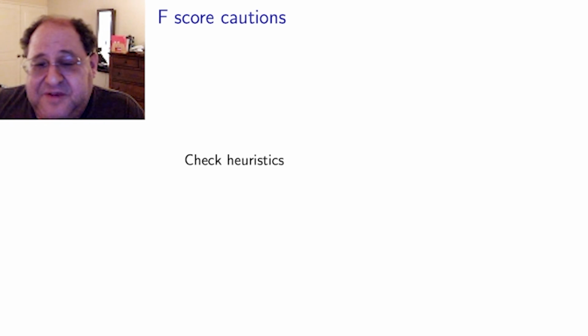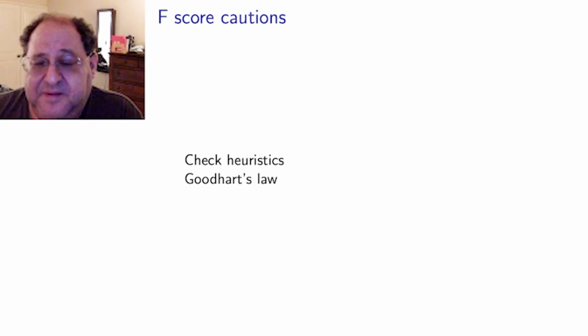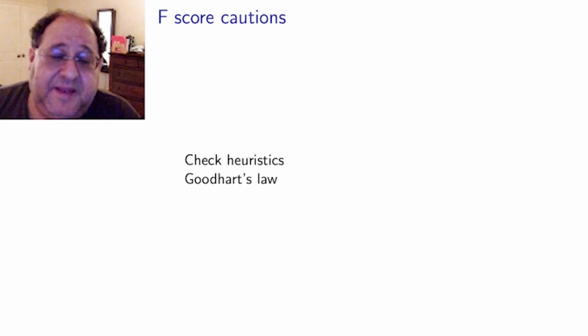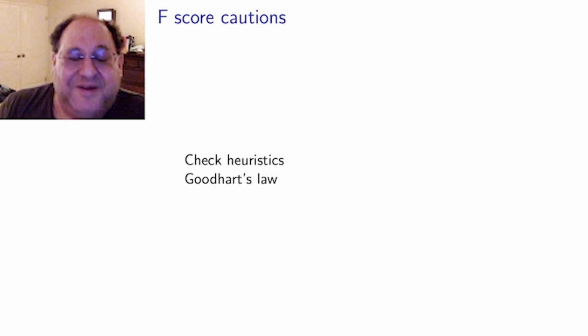You also want to make sure to take Goodhart's law into consideration. As you saw, a lot of these numbers are extremely gameable. If you tie it to people's compensation or bonus or evaluation, you're going to get them gamed. This is true for pretty much any measurement in software, but I feel it's even more important to say the more scientific a measurement looks, and F-score looks very scientific.